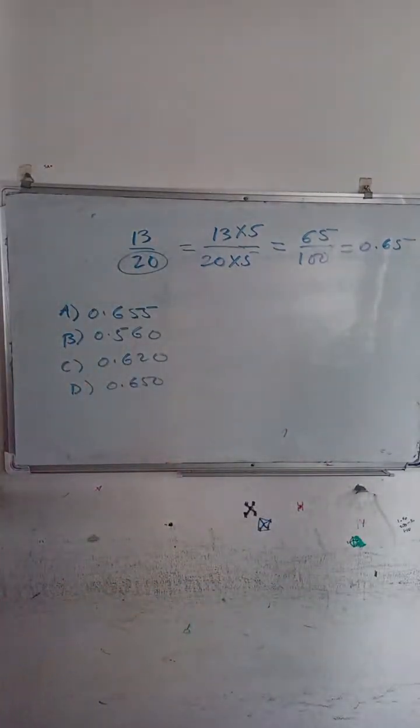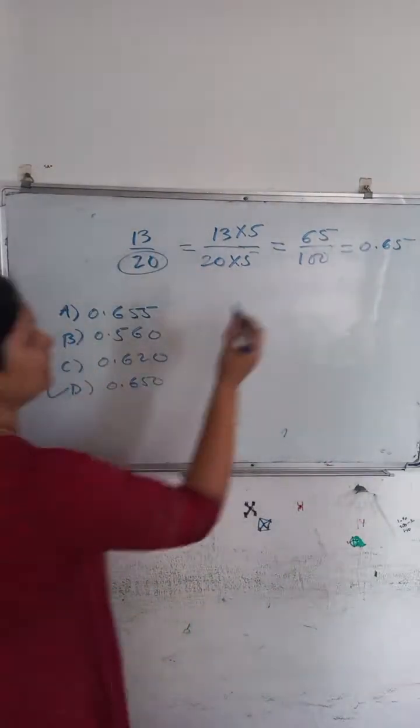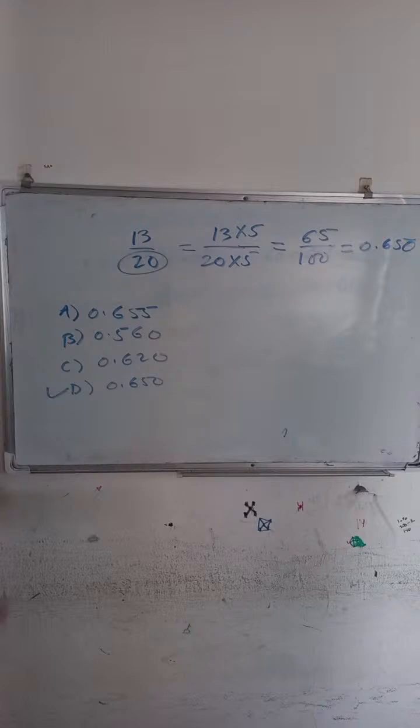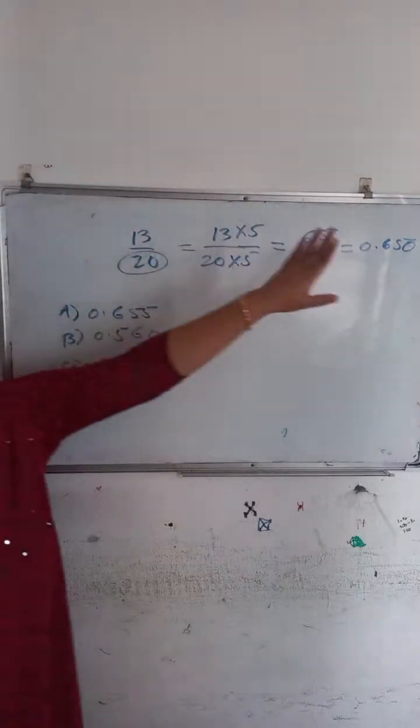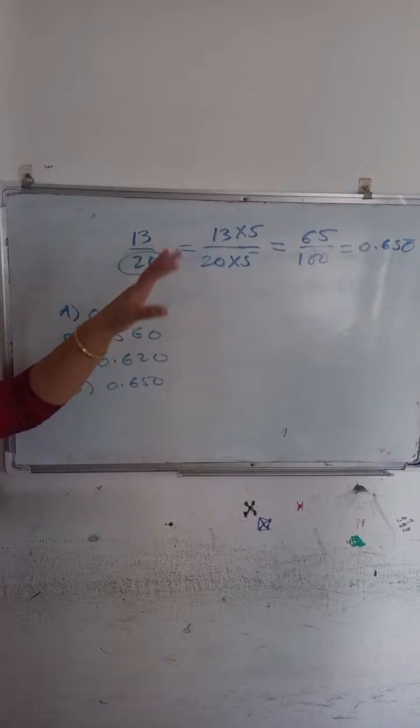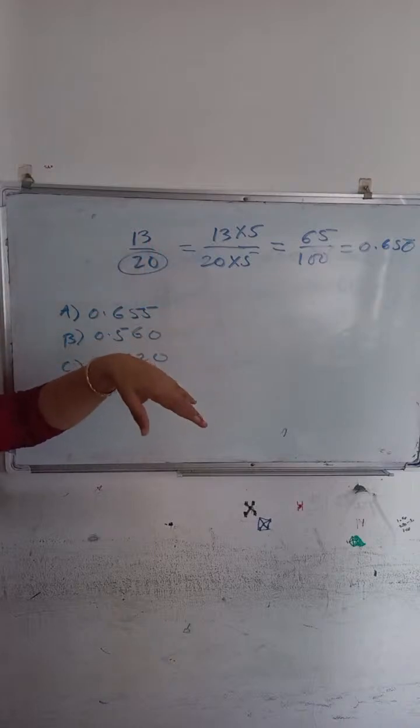So 0.65 is option D, and here you can append 0. That's it, this is the answer. Whenever this kind of question comes, where they ask us to convert the given rational number into decimal form, try to make the denominator 100. If we are not able to make it, then you can go for division.